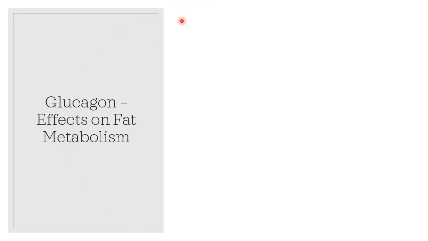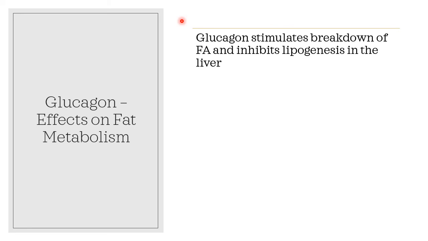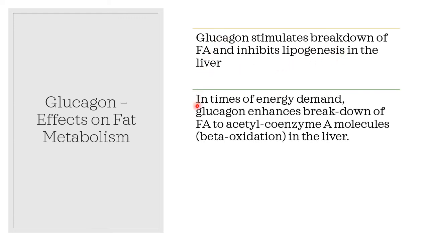So glucagon promotes the formation of non-carbohydrate energy sources in the form of lipids and ketone bodies. Glucagon stimulates the breakdown of fatty acids and inhibits lipogenesis in the liver. In times of energy demand, glucagon enhances breakdown of fatty acids to acetyl coenzyme A molecules in the liver.